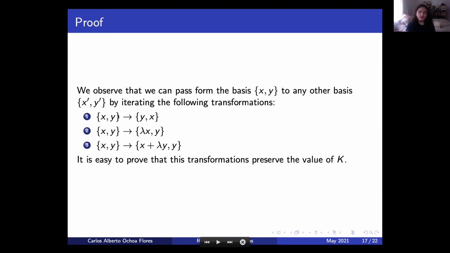This one and this one obviously preserve the value, and this one is the only one that is a little bit difficult to prove. It is a rather lengthy calculation, but quite straightforward. So yeah, that's the idea.